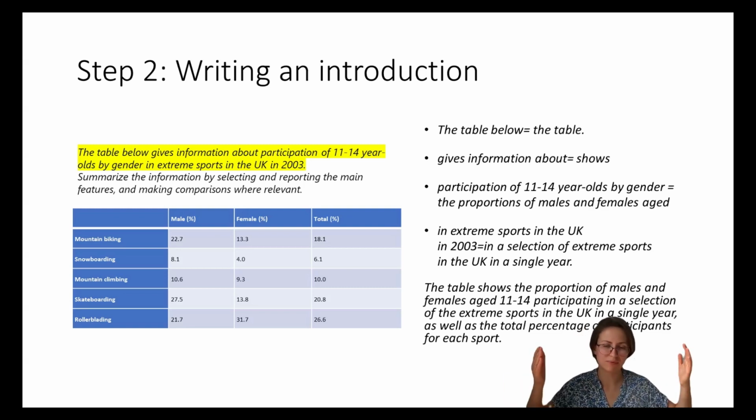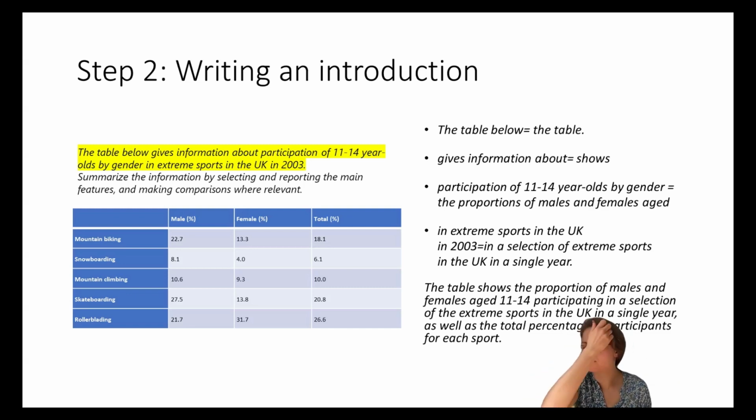You just simply take the first sentence of your task and paraphrase it. Paraphrase the subject, the verb, and the object. Don't forget about time expressions as well. However, I've decided here in this particular case to extend my introduction and added this part as well: the total percentage of participants for each sport.